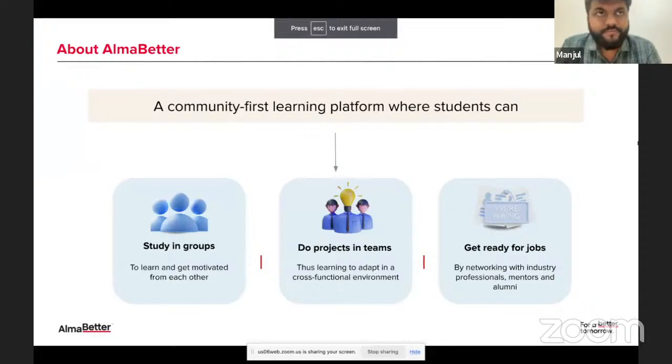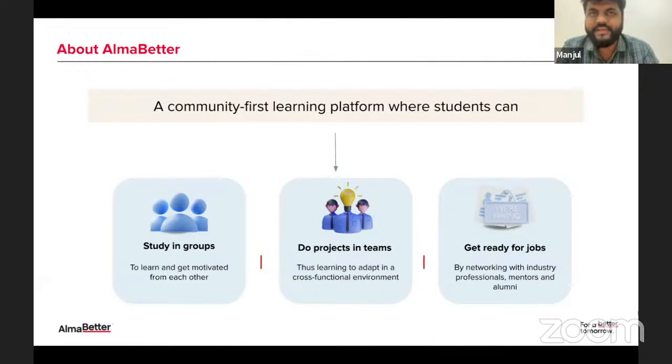The first important thing to understand is that it's not only about learning particular topics and getting into that domain. It's also about learning that topic in the right way. AlmaBetter is a platform where we not only ensure that you're learning a particular topic, but you're doing it in a way that whenever you get an opportunity, you don't lose out on it.